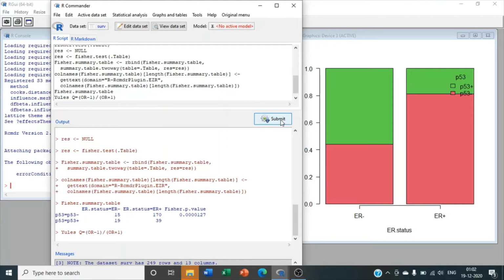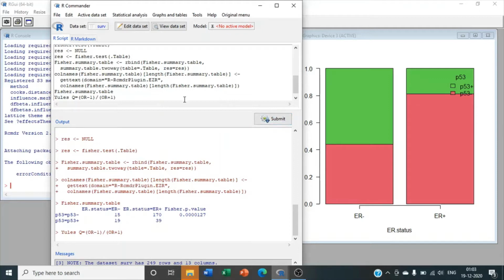Odds ratio less than 1 will correspond to a Yule's Q less than 0. The least value that it can take is minus 1. The closer you get to minus 1, the greater the negative relationship. Yule's Q of plus 1 corresponds to odds ratio greater than 1.